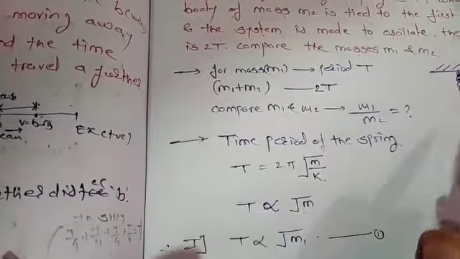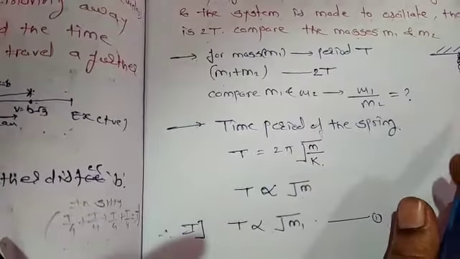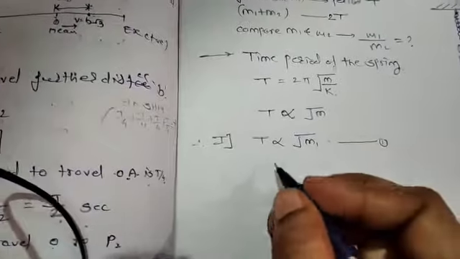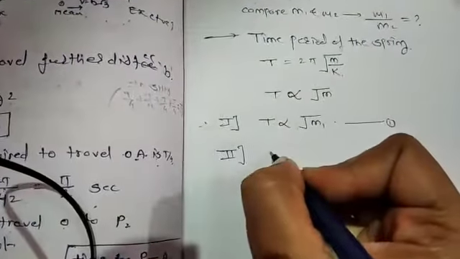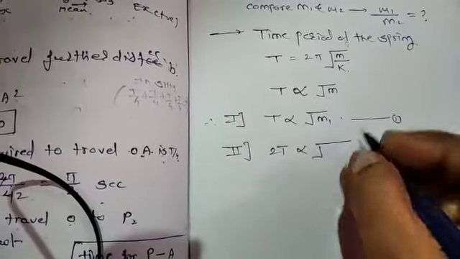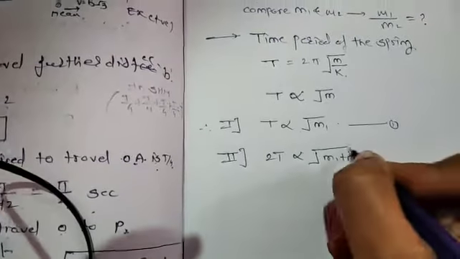Then in the second case, what happened? m1 and m2 together are attached to the spring, and it is oscillating. So the period is 2T. So we can write for the second, the period 2T is directly proportional to root of m1 plus m2.